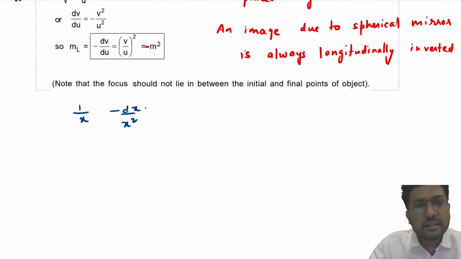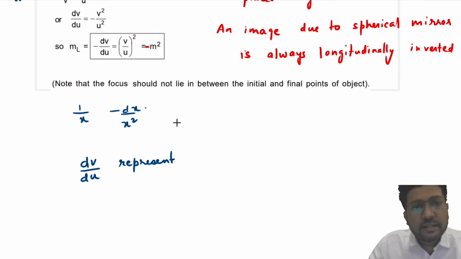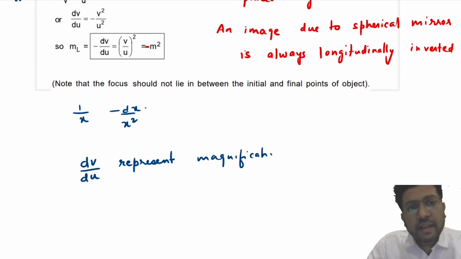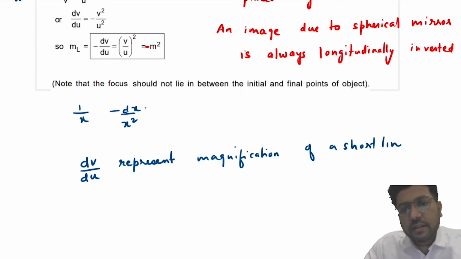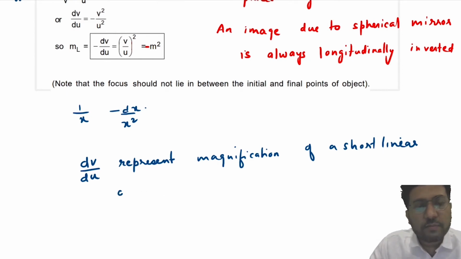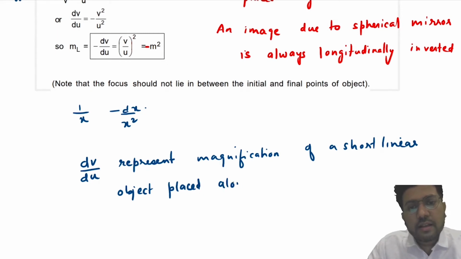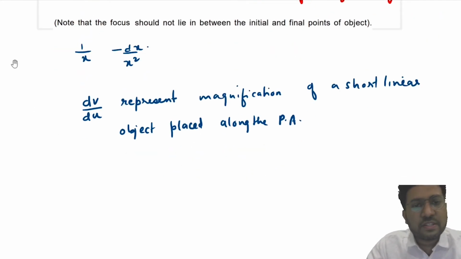So I will write here, dV by du represents the magnification of a short linear object placed along the principal axis.